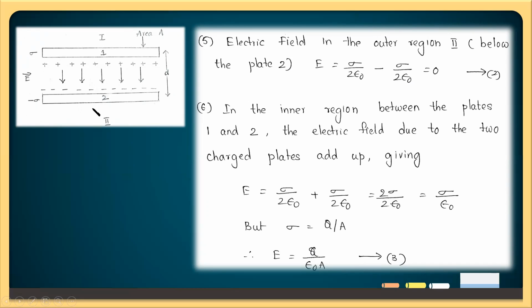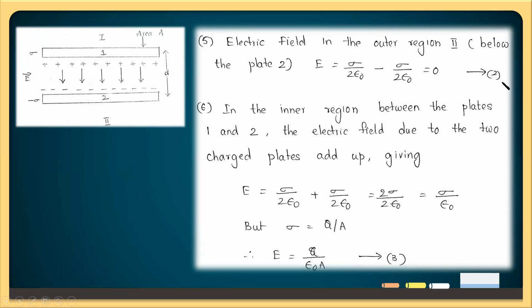Therefore, in region 2, once again, the electric field due to one plate is sigma by 2 epsilon naught, and due to the other plate it is minus sigma by 2 epsilon naught. They cancel out each other.